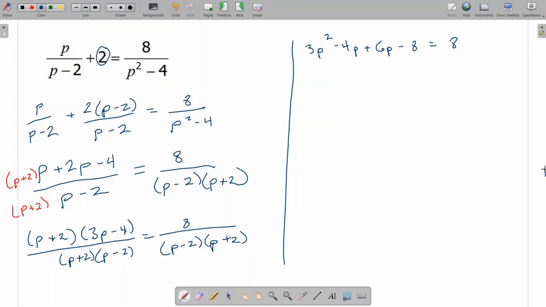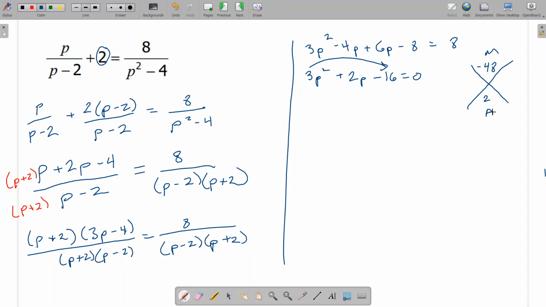Since it's quadratic, we can factor and solve for our solutions here. So let's see, we would get a 3p squared plus 2p minus 16. Since there's a leading coefficient of 3, when we factor this, we really need to find two numbers that multiply to negative 48, because we need to do 3 times negative 16 and add to positive 2.